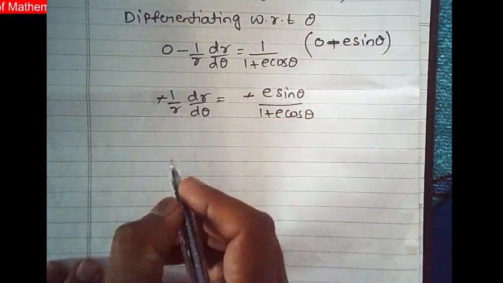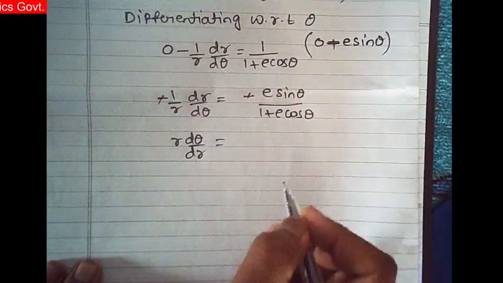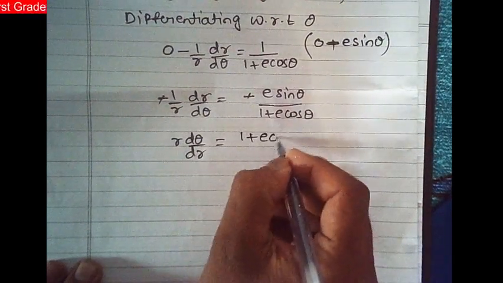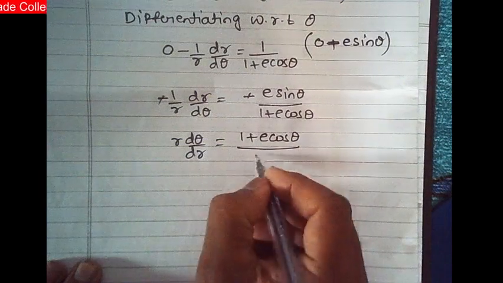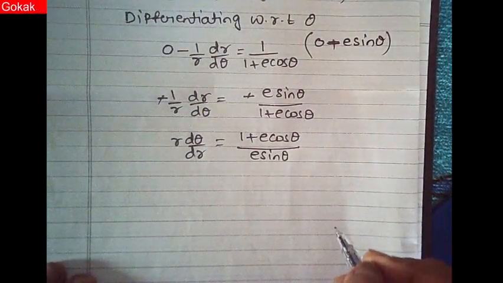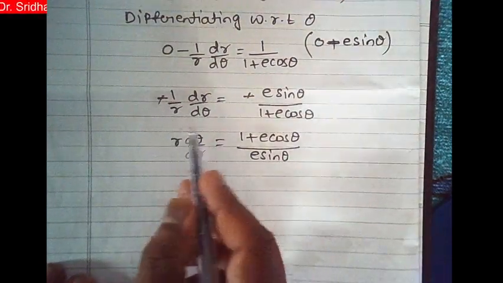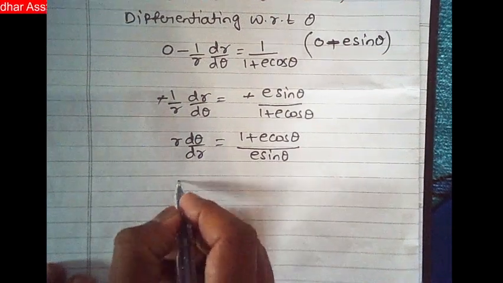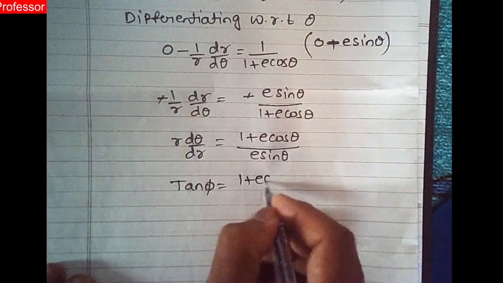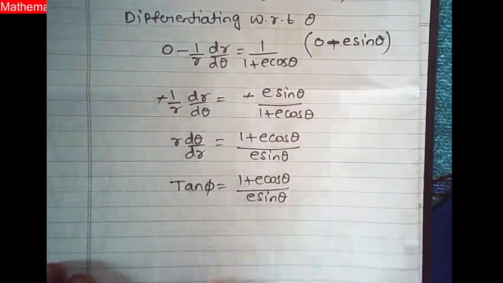Now reversing this, r d theta/dr is equal to, reversing the right side also, (1 + e cos theta) divided by e sin theta. Now by the definition of the angle between the radius vector and the tangent, this is tan phi, and this is (1 + e cos theta) divided by e sin theta.